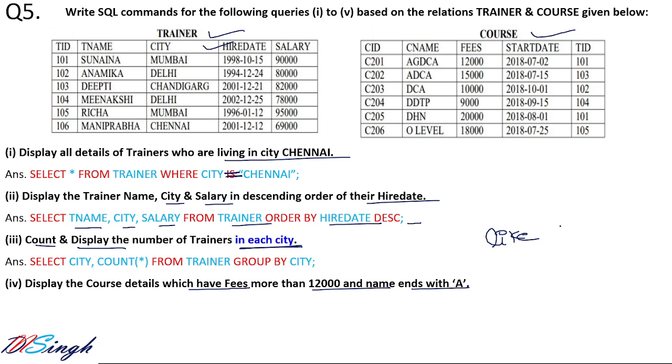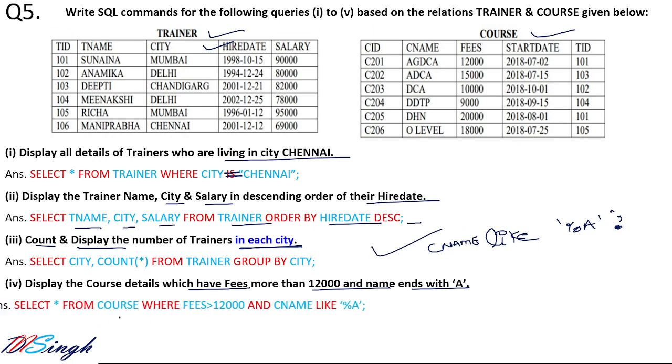So course name is available in C name, like, how do you want it, ends with A. So before that anything can come, but at last A should come. So this is ends with A. Okay. Now check out the answer. Select star from course where fee is greater than 12,000 and C name like percent A.